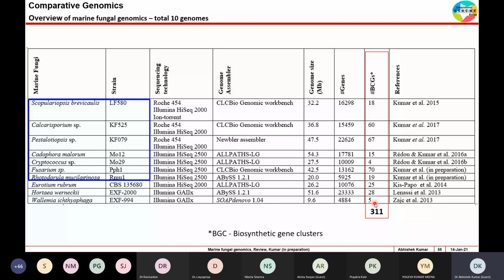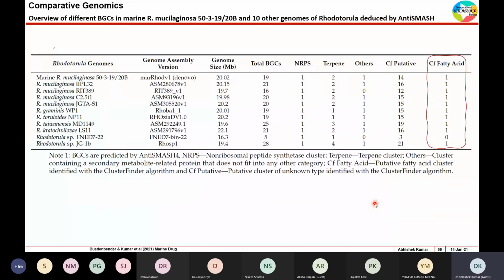And while doing that, we recently published in 2021 in Marine Drugs. We did a comparative genomics of marine Rhodotorula genome with several Rhodotorula genomes known in NCBI. And what we identified is the genome size is 19 to 20 MB in most of the cases. Highest is 22 here.